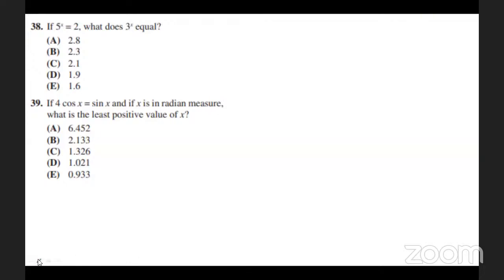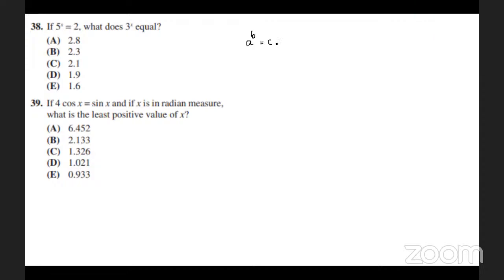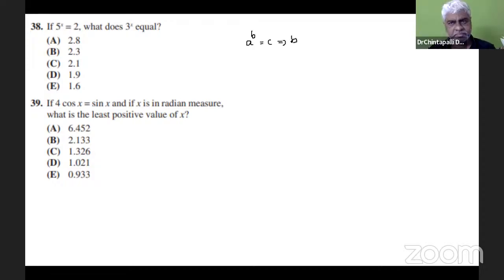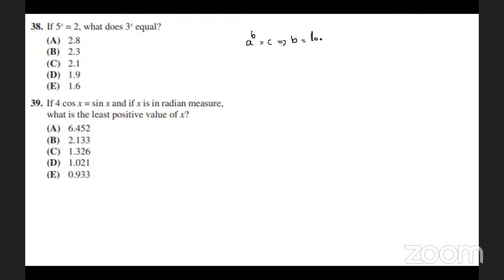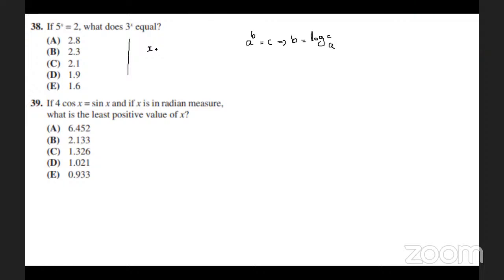Yes, sir. A power B is equal to C, which means B equals log C base A. So x is equal to log 2 base 5. Use a calculator and find the value of log 2 to base 5.